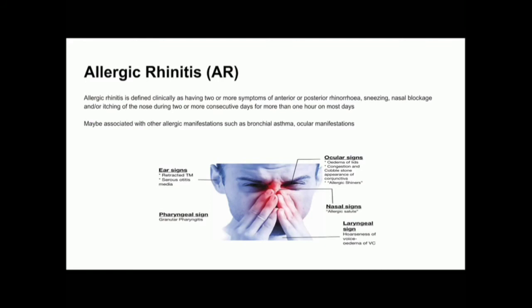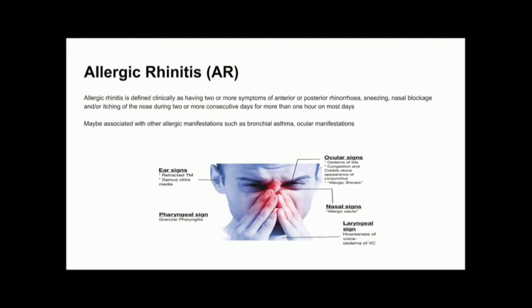Coming to the ocular signs of allergic rhinitis, there may be edema of the lids, congestion and cobblestone appearance of the conjunctiva, and allergic shiners, that is blackish discoloration around the eyes. The nasal signs include allergic salute, that is a transverse crease seen on the dorsum of the nose due to constant rubbing of the nose due to discharge.